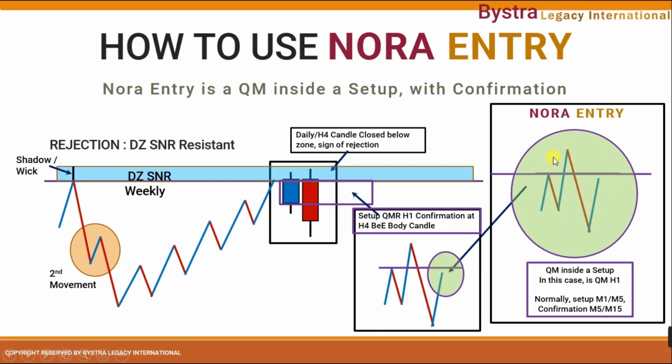Let's say this is an M1 setup. The confirmation of this setup will be a bearish engulfing on the M5. If this is an M5 setup, then the confirmation of the bearish engulfing will be on the M15. And guys, remember, the setup has to be at the body of the confirmation. Easy, isn't it? I will show you this later at the end of the course with a real chart.